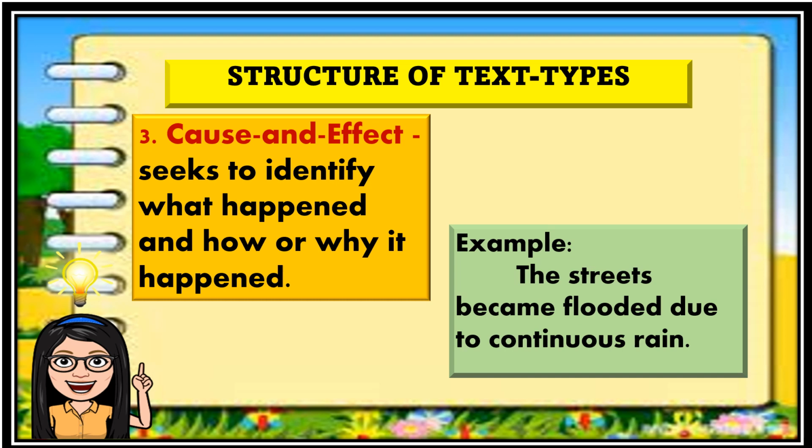So, what is the cause of the flood? It is because of the continuous rain. So, the cause is the continuous rain, and the effect is that the streets became flooded.